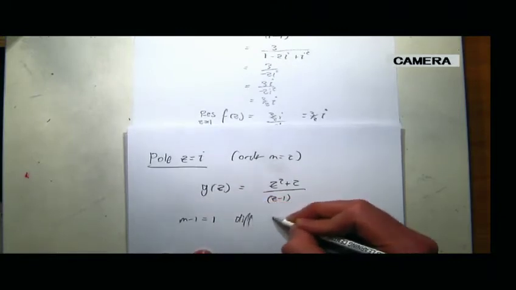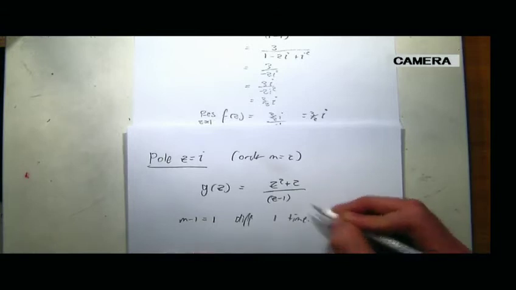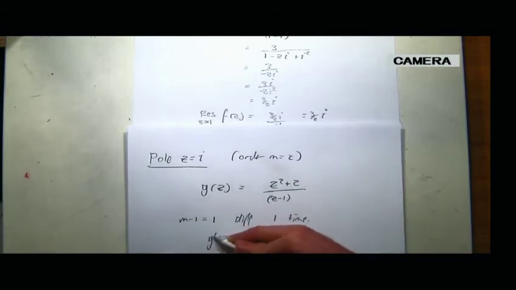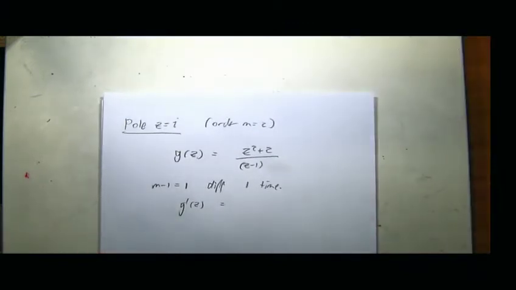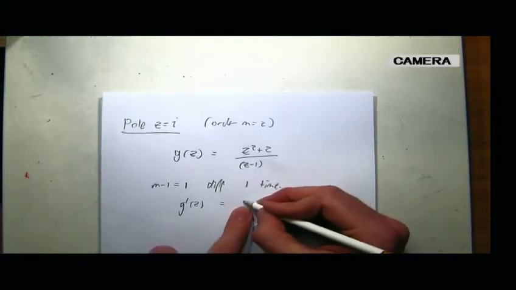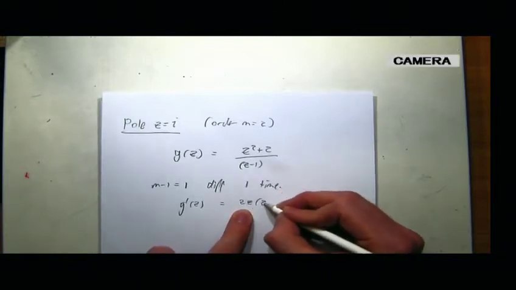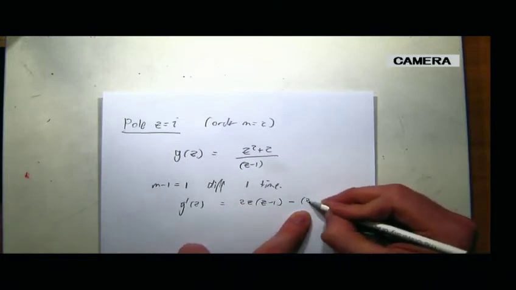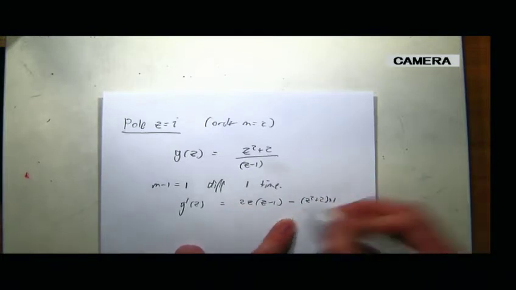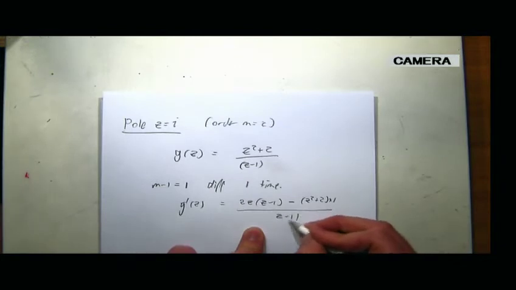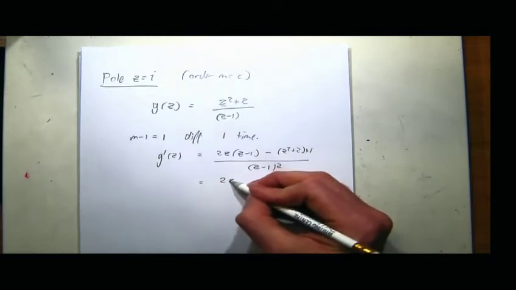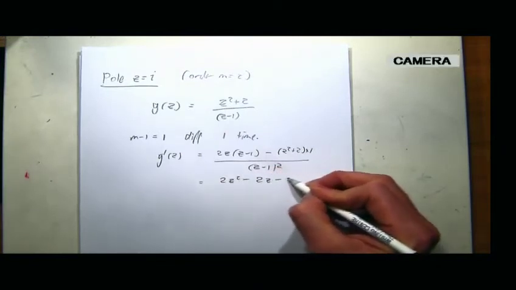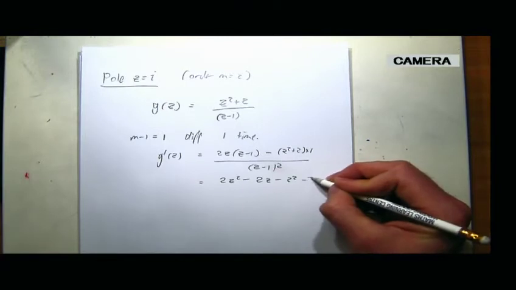So differentiate 1 time. So g dash z is, quotient rule: differentiate the top, keep the bottom, keep the top, differentiate the bottom. Two z squared minus 2z minus z squared minus 2.